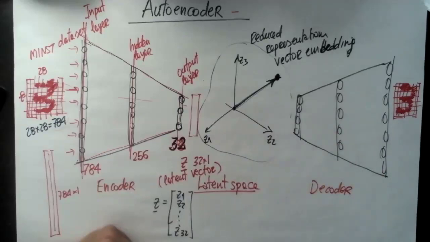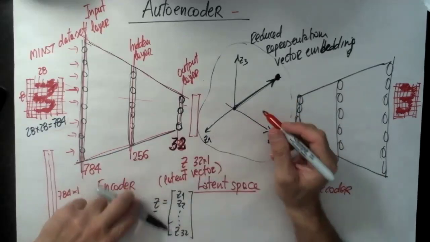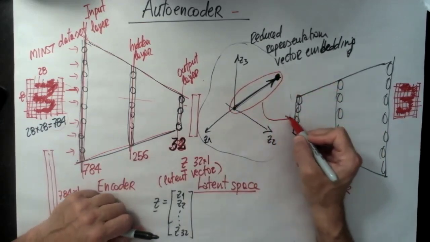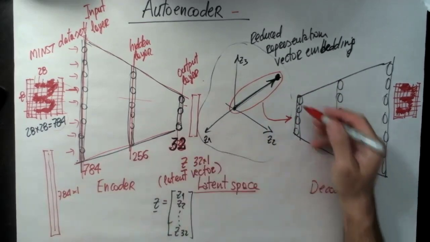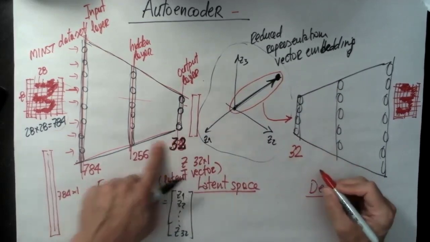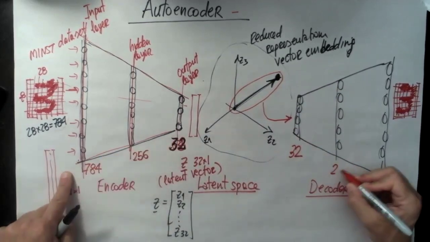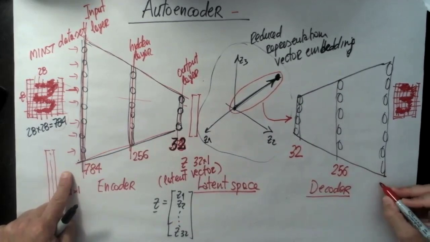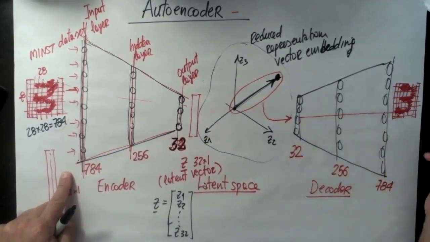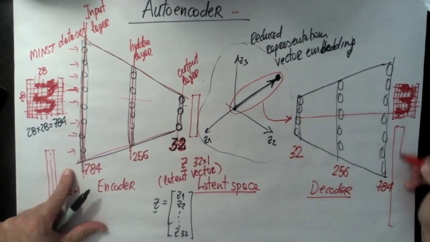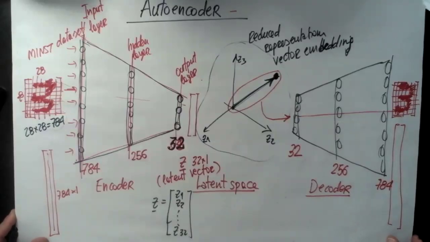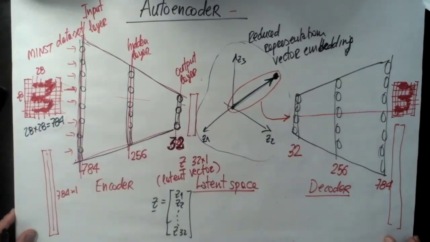And then what happens is that, given this vector, we pass it into the decoder, which is exactly the reverse of the encoder, and which will return us a vector which has the dimension of the original number of pixels in our image.